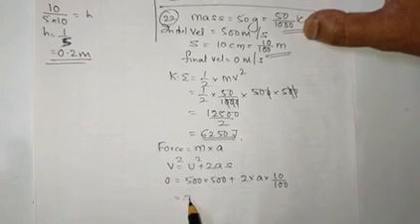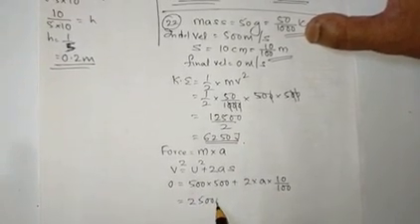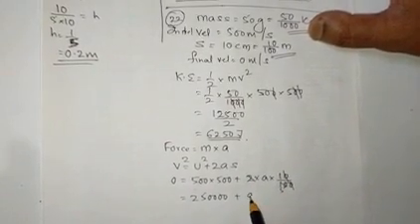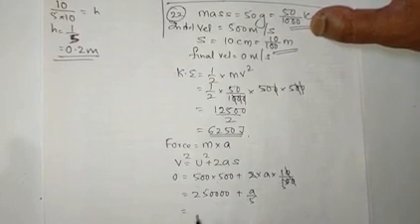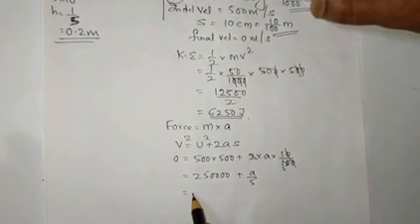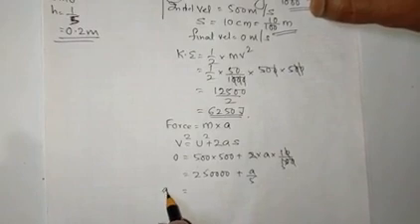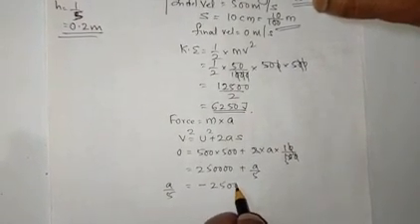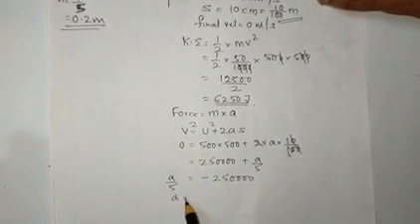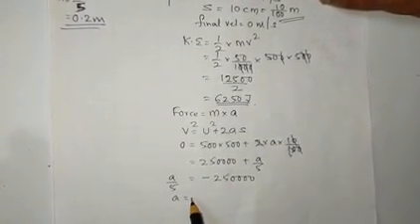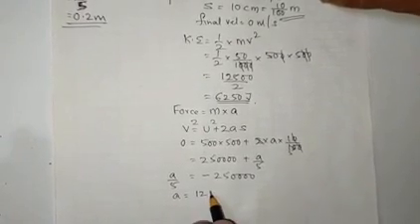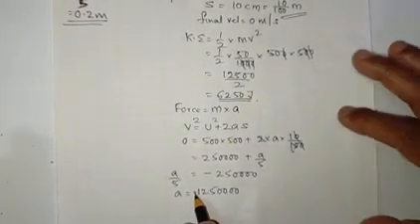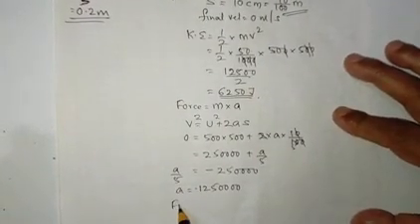That will give me 25 0 0 0 0 plus a by 5. Taking it to the other side, a by 5 is equal to minus 25 0 0 0 0. That will give me 125 0 0 0 0. This is the retardation.